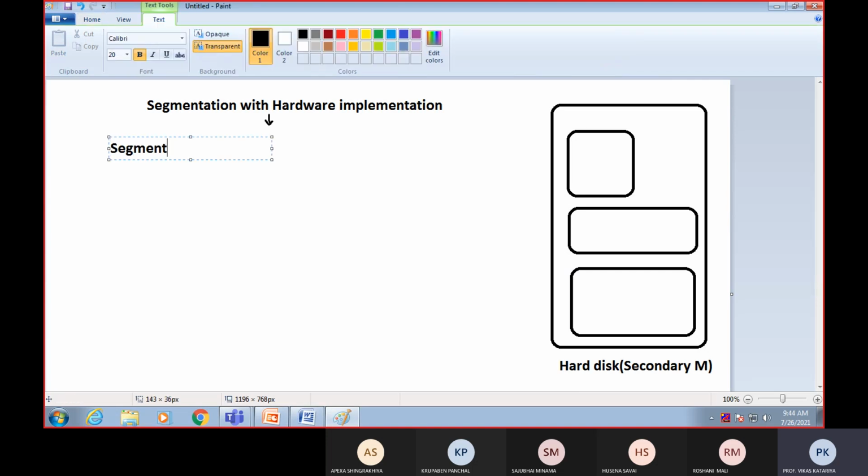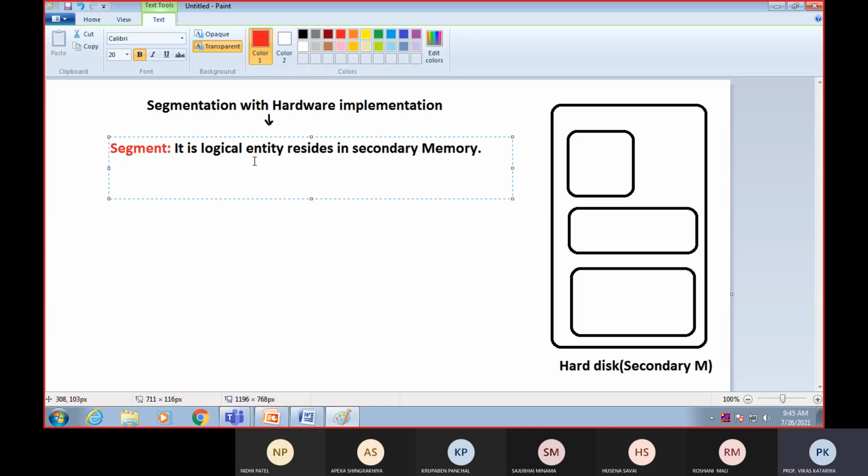First question arises in our mind, what is a segment? So let's answer this question first. It is a logical entity that resides in secondary memory. So a segment is a logical entity that resides in secondary memory.